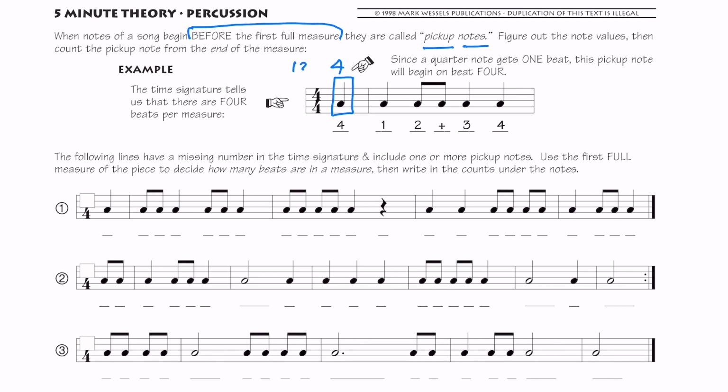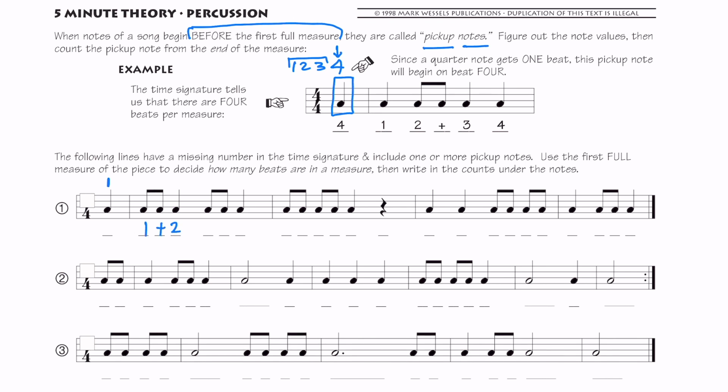So 1, 2, 3 is not shown here, but you start with a pickup note on beat 4. So in this first line here, I'm figuring out this is a quarter note, it's only one count. So I've got to figure out what my time signature is, otherwise I don't know what count to start on. So let's go to our first full measure.